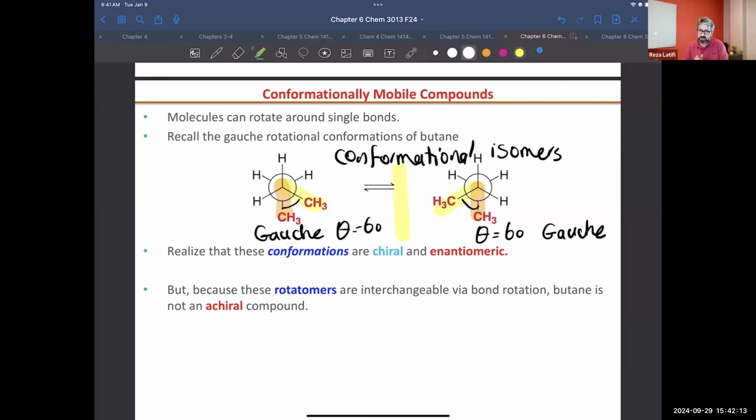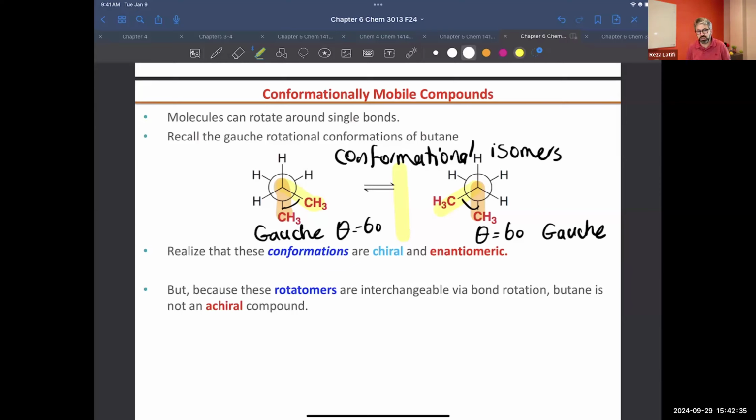Until now, yes, we can call them enantiomers, but because we have a single carbon-carbon bond, and rotation around a single carbon-carbon bond is really easy, you cannot separate those two conformational isomers from each other.